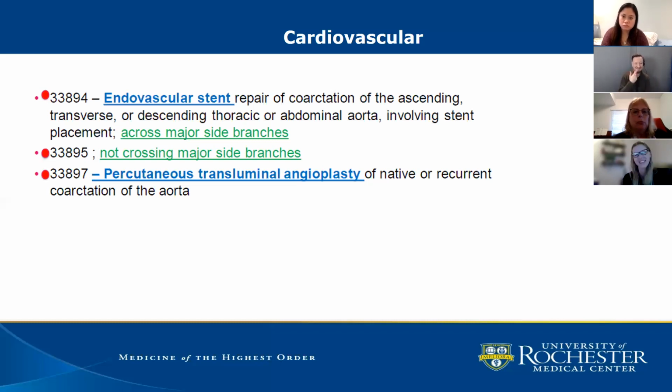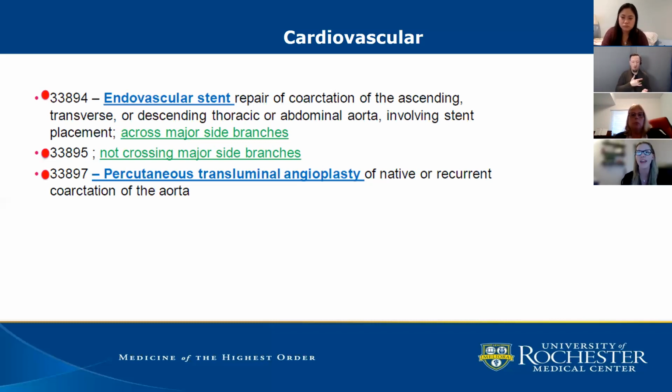Thank you. You're welcome. So on our next slide, all of these procedures for the coarctation of the ascending, transverse, or descending thoracic or abdominal aorta stent placement are procedures that we're going to see most commonly performed on pediatric patients with congenital heart defects.